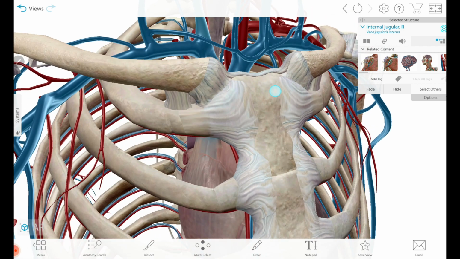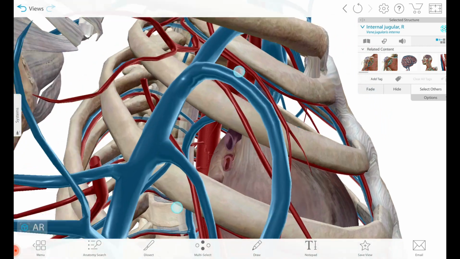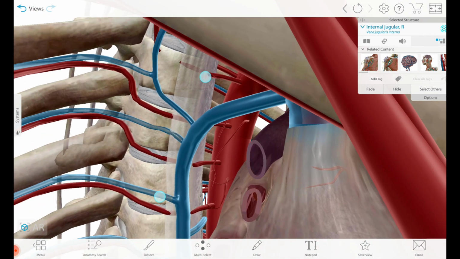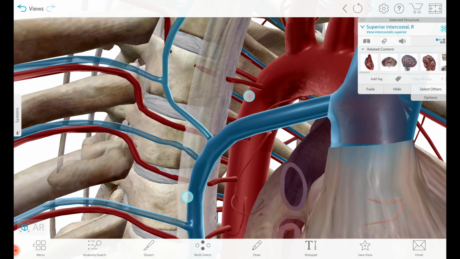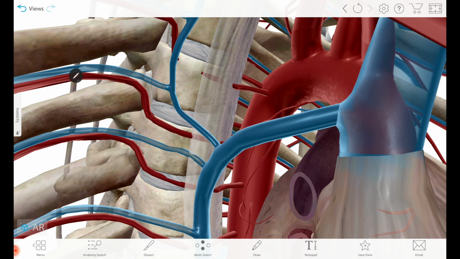Now we will see the venous drainage of the second, third and fourth intercostal spaces. The second, third and fourth intercostal veins combine to form this vein over here. So this vein over here is the superior intercostal vein, and the superior intercostal vein is draining into this vein.